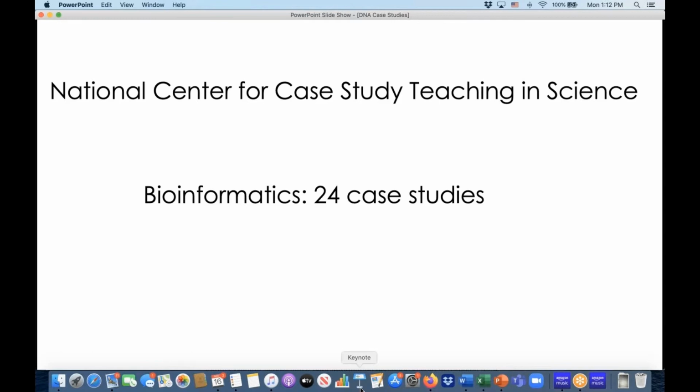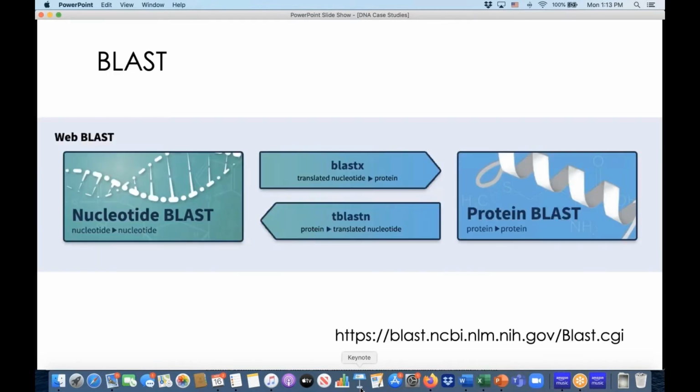Okay, so I said a DNA-based case study is one that uses tools of bioinformatics. And so what kind of tools might those be? So a tool that's used in basically all of these is the BLAST tool from NCBI.